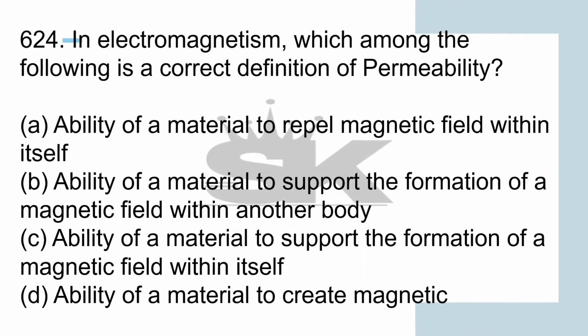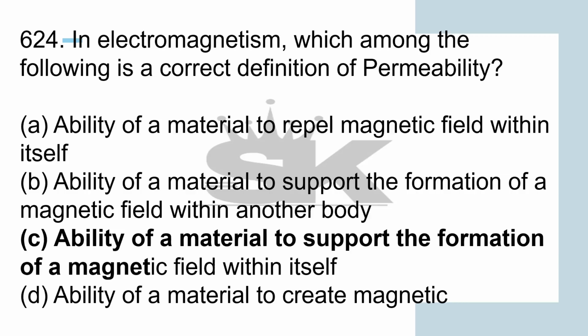In electromagnetism, which among the following is the correct definition of permeability? Answer is the ability of a material to support the formation of magnetic field within itself.